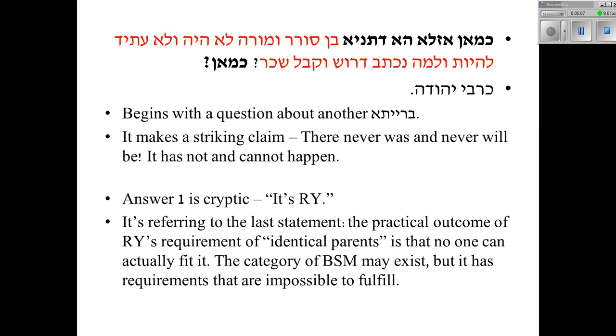It's claiming that Rabbi Yehuda's statement that the mother must be shava to the father in kol, mar'eh, and koma is functionally equivalent to, is tantamount to saying it never was and never will be. There's no such thing. So by making such an extreme midrash, he has functionally eliminated it.